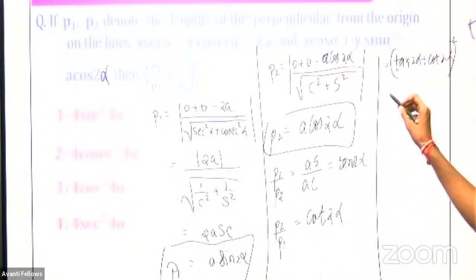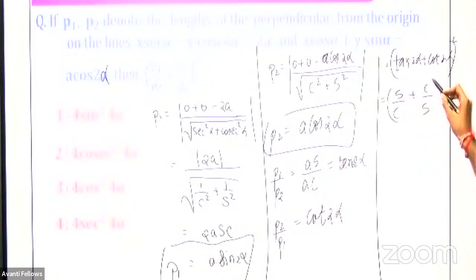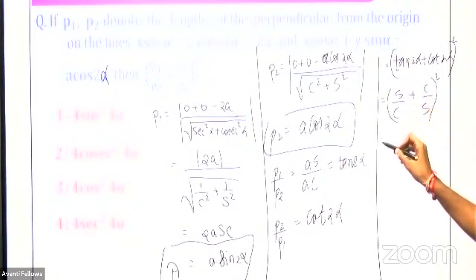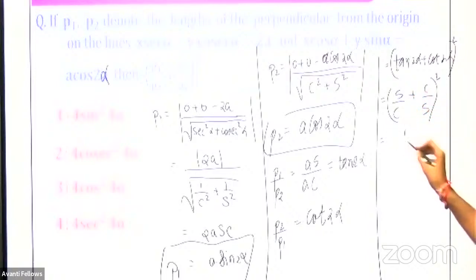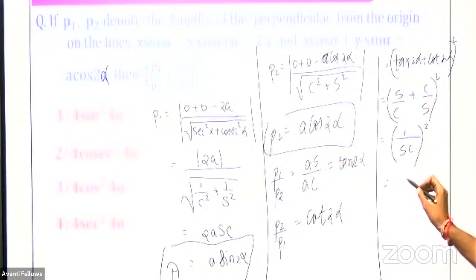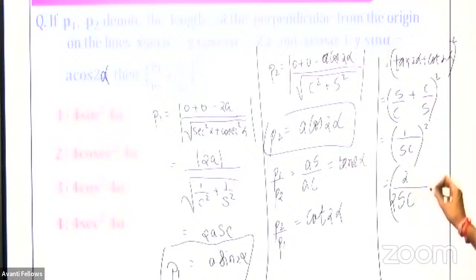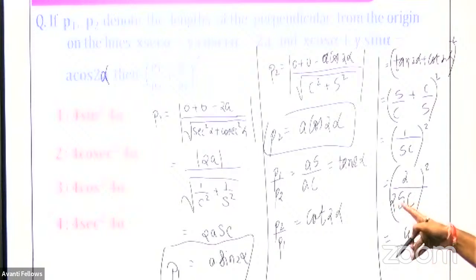So what we'll get here, guys? Sine upon cos plus cos upon sine, the whole square. The angle is 2 alpha. So I'll get sine square plus cos square, which is 1 upon sine cos, the whole square. So if I multiply and divide by 2, I'll get 2 upon 2 sine cos, the whole square, which is 4 upon, what is 2 sine cos?